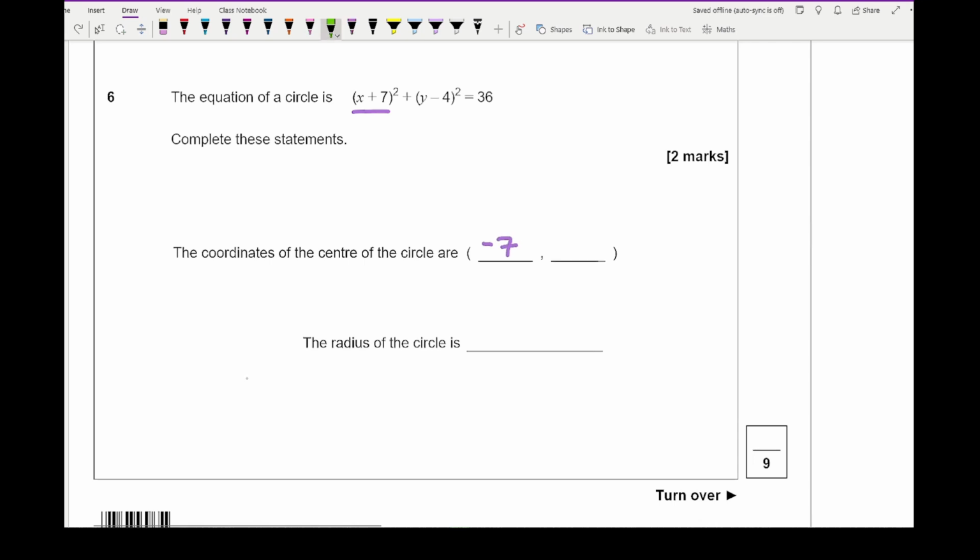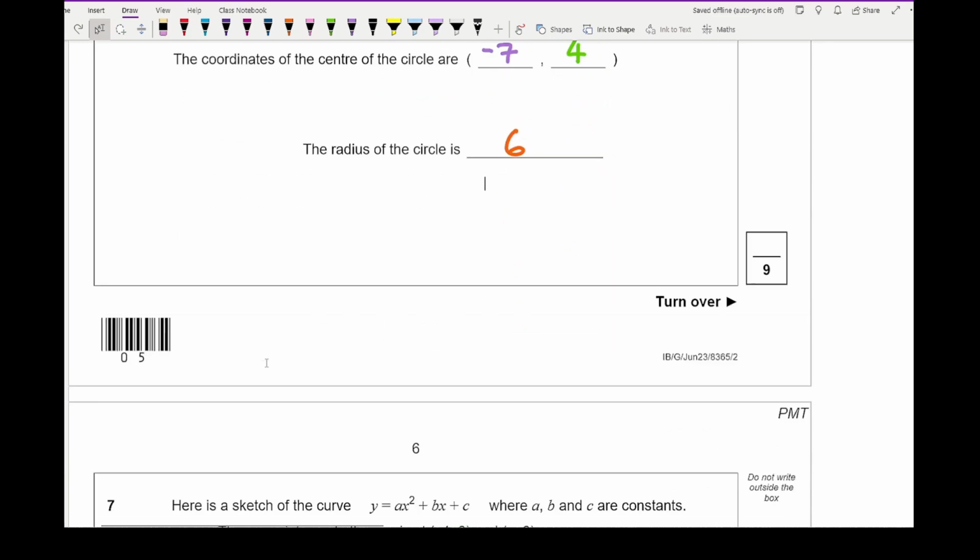Then to find the y coordinate, I'm looking for the value of y that makes that bracket equal to 0. That's going to be positive 4. And then this value here is the radius squared. So if r squared equals 36, the radius is going to equal 6. It can't equal minus 6 because radius is a length and you can't have negative length. So the radius there is positive 6.